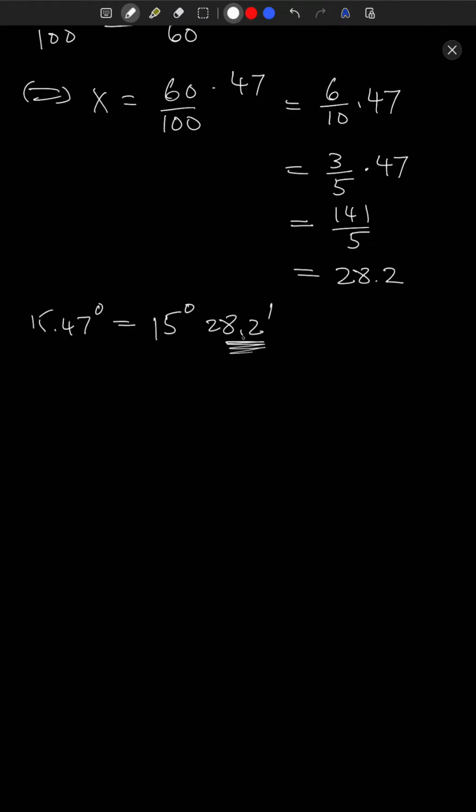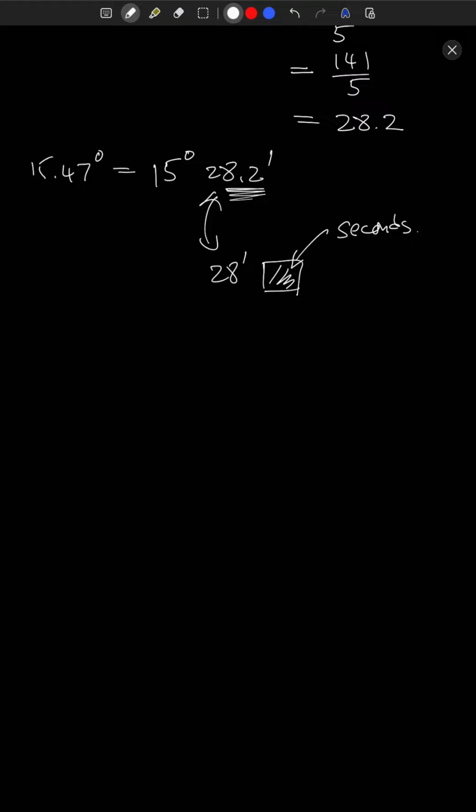All right. So what's going to happen is we're going to take this 28.2. That's going to be equal to 28 minutes and then a certain number of seconds. What are those seconds? Well, we have 0.2 minutes. That's equal to 2/10, so 2 out of 10 of a minute.